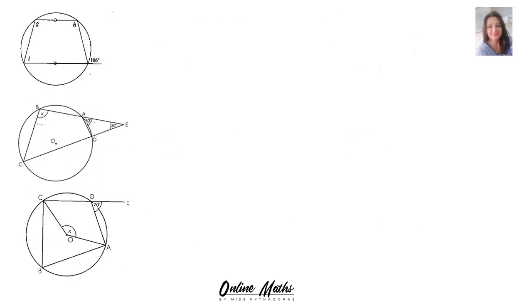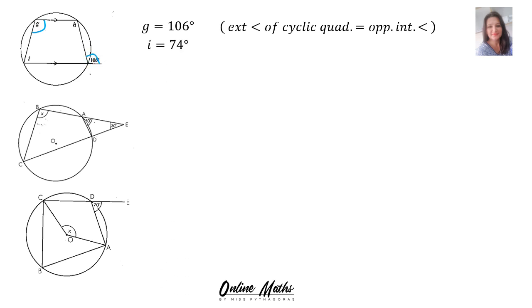Again, let's start with the given angle, and we have 106 degrees there, and we also have two parallel lines. So we start by saying that G is 106 degrees, and your reason is exterior angle of cyclic quad is equal to opposite interior angle, which leads me to I, and I is 74 degrees, and your reason is co-interior angle supplementary, remember?